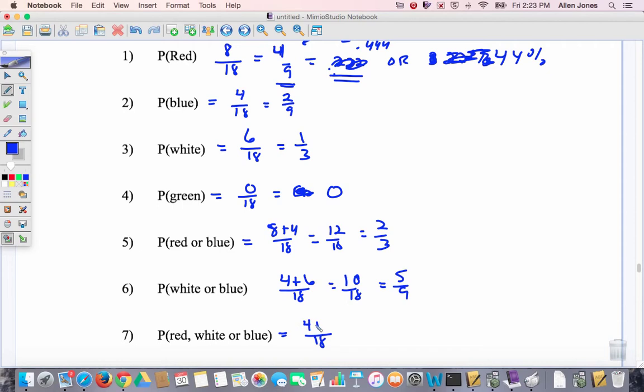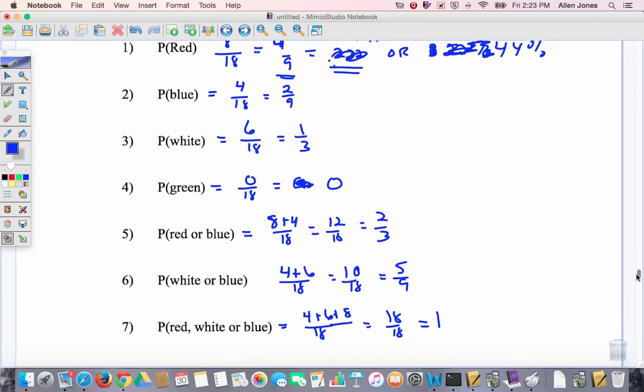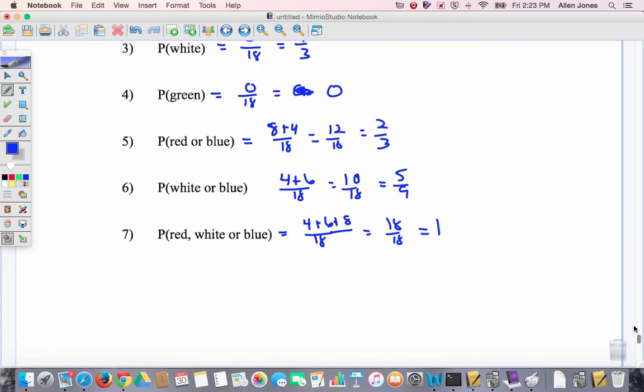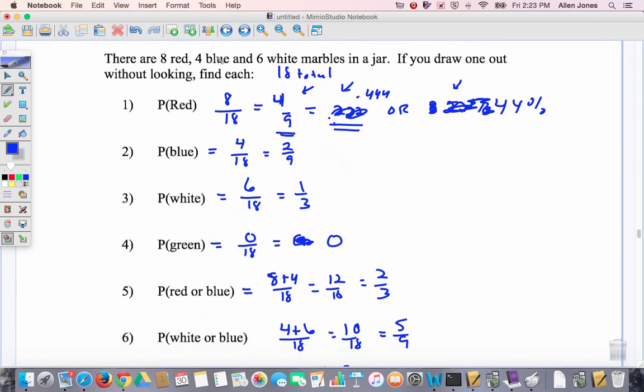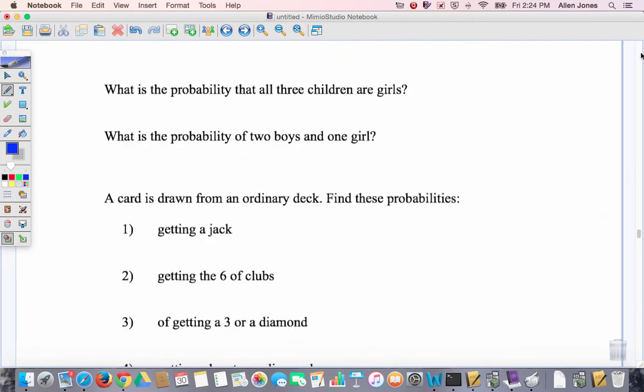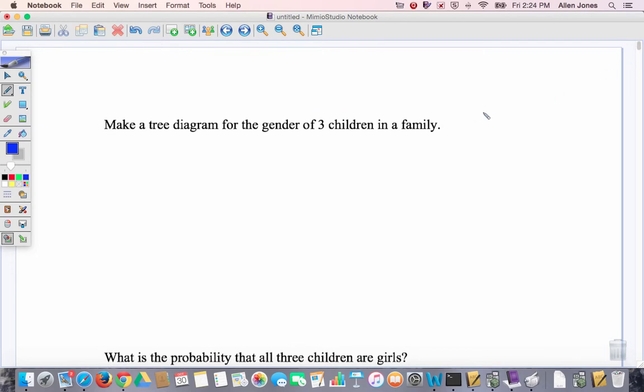And one more time, red, white, or blue. There are 4, 6, and 8 that are red, white, or blue, or 18 out of 18. We are sure to pull out a red, a white, or a blue marble because that's all that's in the bag. So there's our probabilities as a quick example of a single marble being drawn out, or a single event.